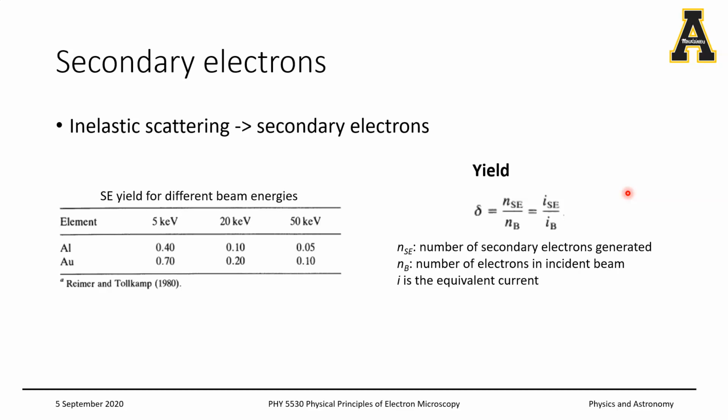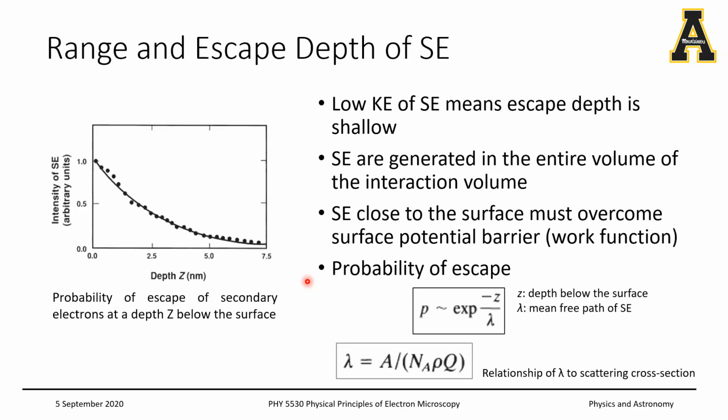Because these secondary electrons are generated from inelastic scattering, and inelastic scattering is promoted at lower energies, it turns out that at lower incident beam energies, the yield of the secondary electrons is higher, versus at higher energies, where the scattering by elastic mechanism is more prevalent.